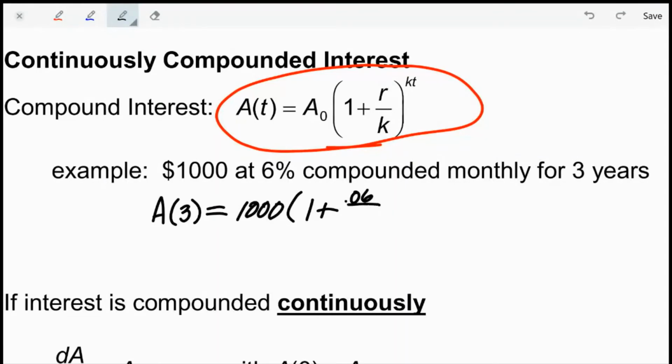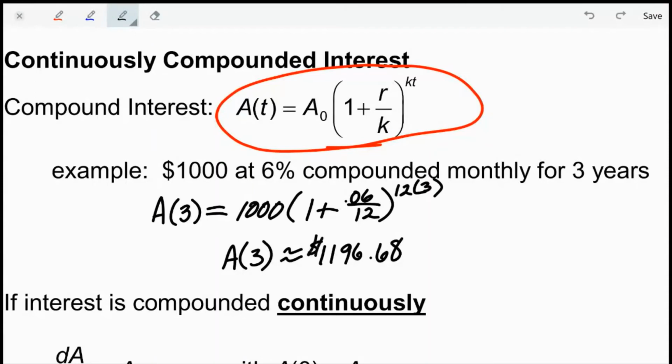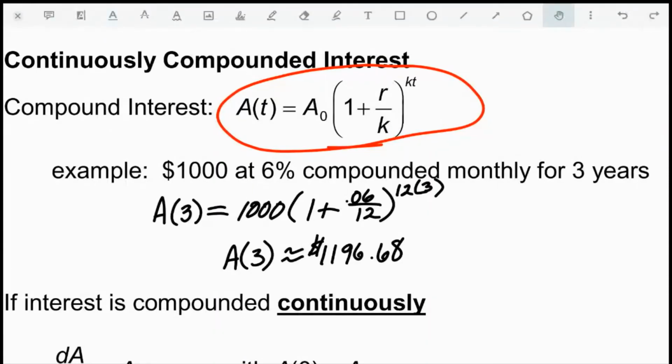Now, the k, in this case, when we're talking about compound interest, is going to be the number of times our interest compounds per year. So in this case, that would be 12. And that's going to be to the 12 times 3 power because, again, k was 12. And that gives us an amount after 3 years of approximately $1,196.68.